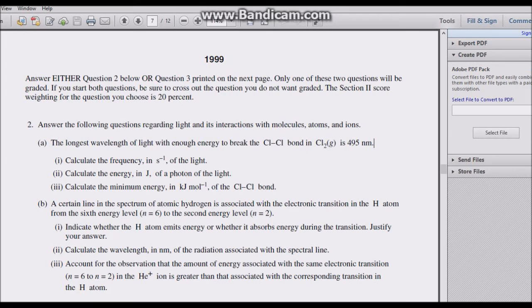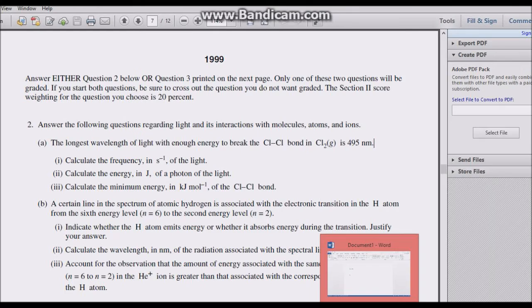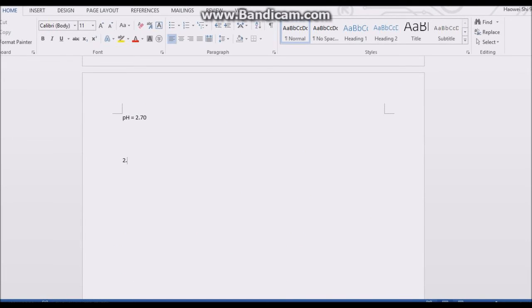For that, we will need to use c equals lambda nu. I don't see a lambda button, so I'll just substitute that with this symbol, two slashes, and v is nu then. So c equals lambda nu, where lambda is the wavelength.